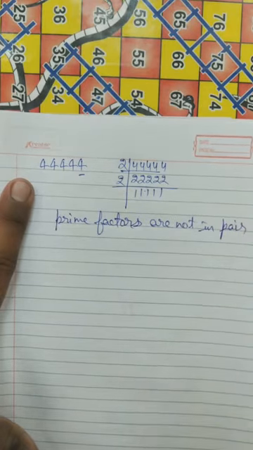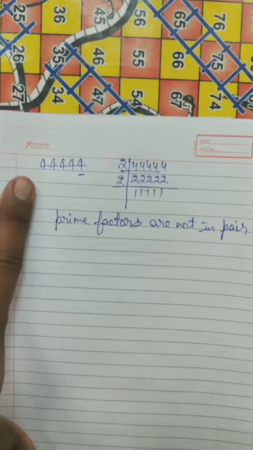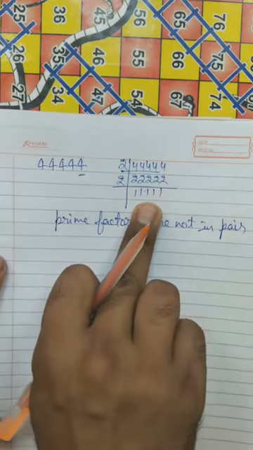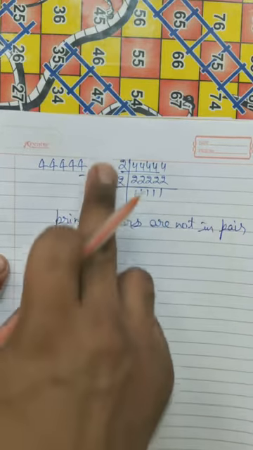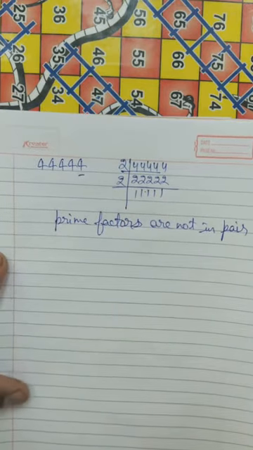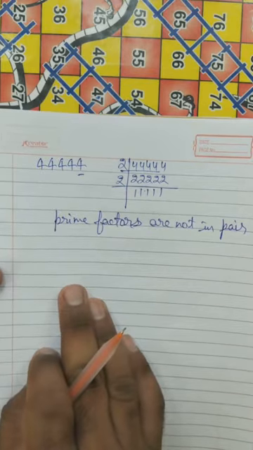If they had been in pairs, then we could say that this is a perfect square number. They are not in pairs because this is the single one, this is a prime number, this is the single one, only the pair of 2 is complete, so this is not divisible by any other number, so we can say this is also not a perfect square number.